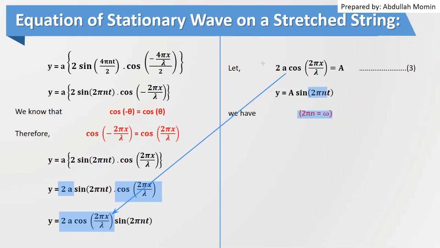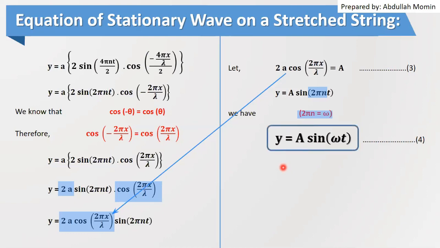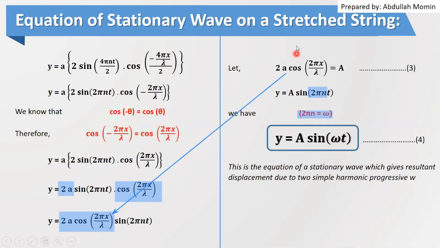So this equation can be further simplified as y is equal to A sine omega t, and this is your equation number 4. This equation is nothing but the equation of a stationary wave, which we get by superimposition of two simple harmonic progressive waves. So this is your resultant wave equation. This is the equation of a stationary wave.